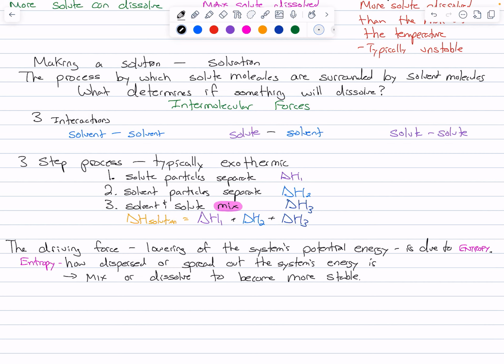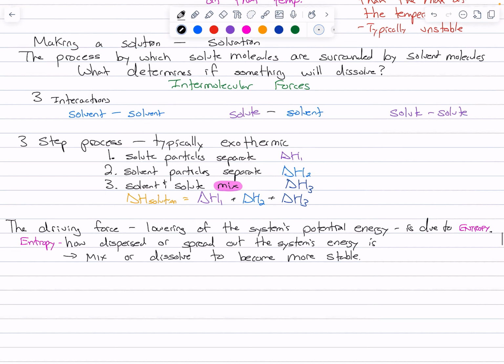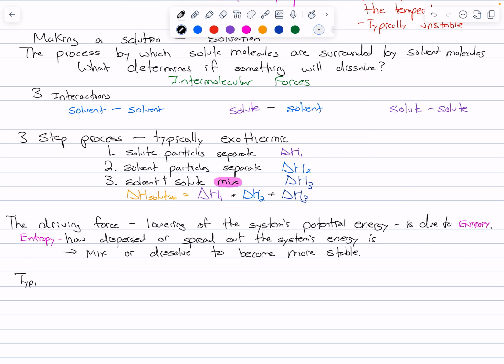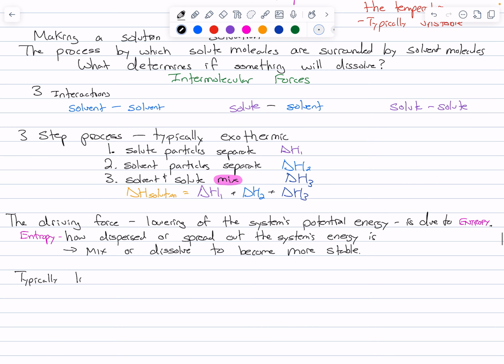So why? Well, typically, like intermolecular forces dissolve or mix with like intermolecular forces.